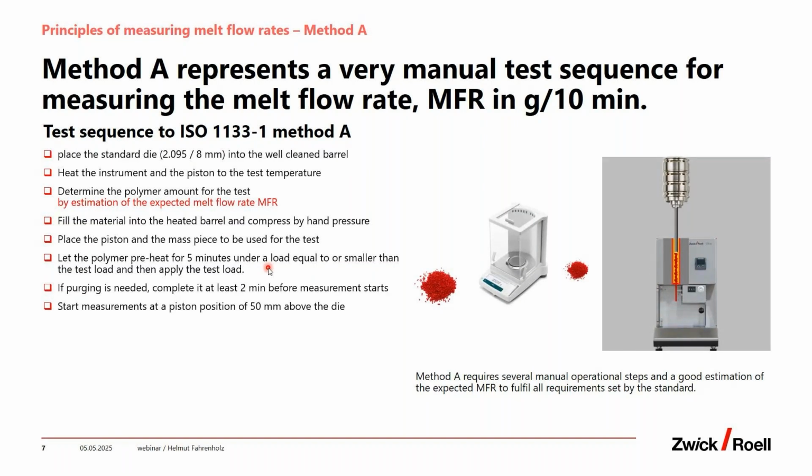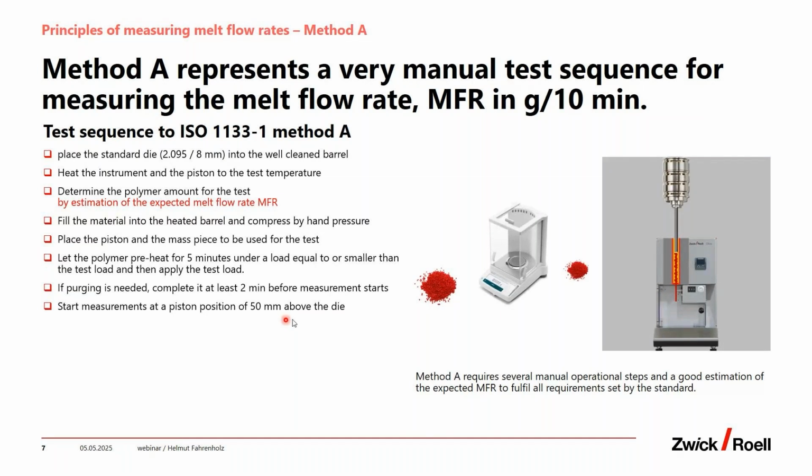So you may be able to purge a little bit, means to push on the piston, but you have to do it only up to 2 minutes before the test starts. This is because of, let's say, creep behavior of the polymer melt. So this is to avoid any influence on the later result.